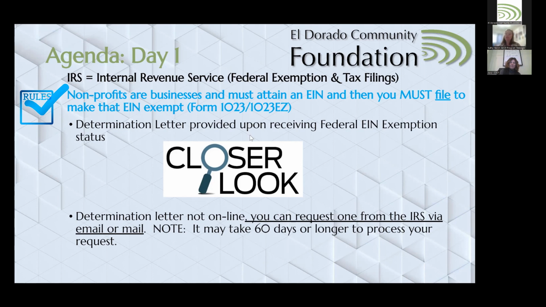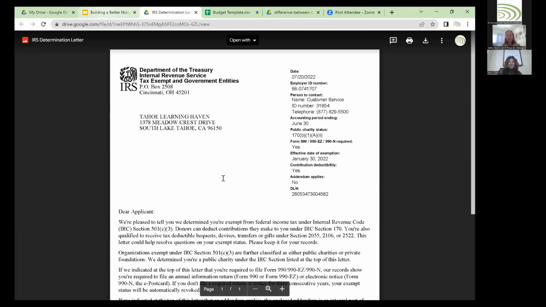But when, for example, our grants ask you for the exempt status letter, we don't want the letter that the federal government sends that says, here's your EIN number. Every business has that. We need this letter. So this is the Tahoe Learning Haven. Thanks, Avis. So by the way, I'm not controlling the screen, Avis is.